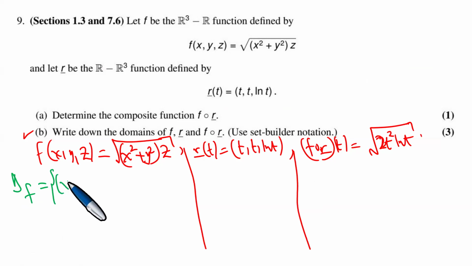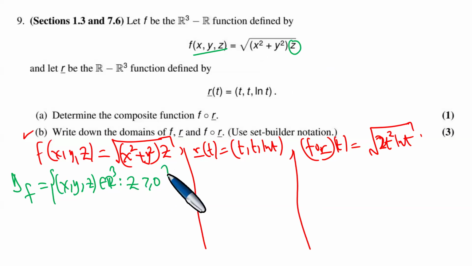At this point, we can see that the domain of f is going to contain all these ordered triples x, y, z, which are in R3, such that, okay, the x and the y can be anything, because the square root must have non-negative quantities underneath. So the only restriction we're going to have is on z, and we just require that z be greater or equal to 0 because we're dealing with things under the square root.